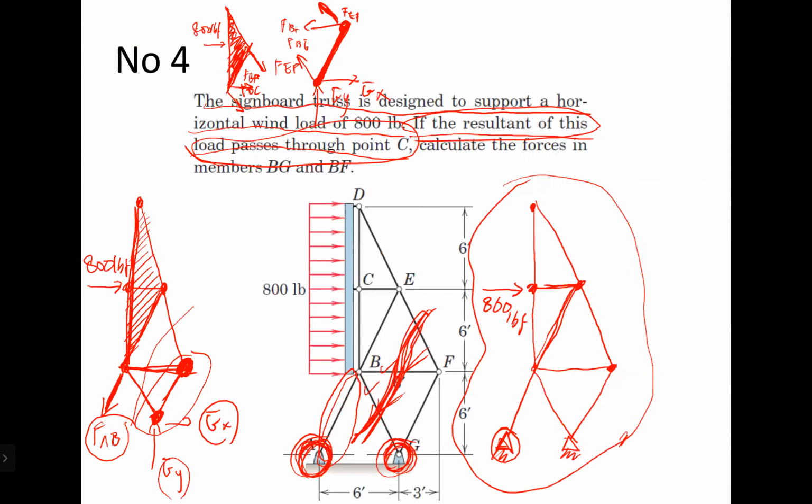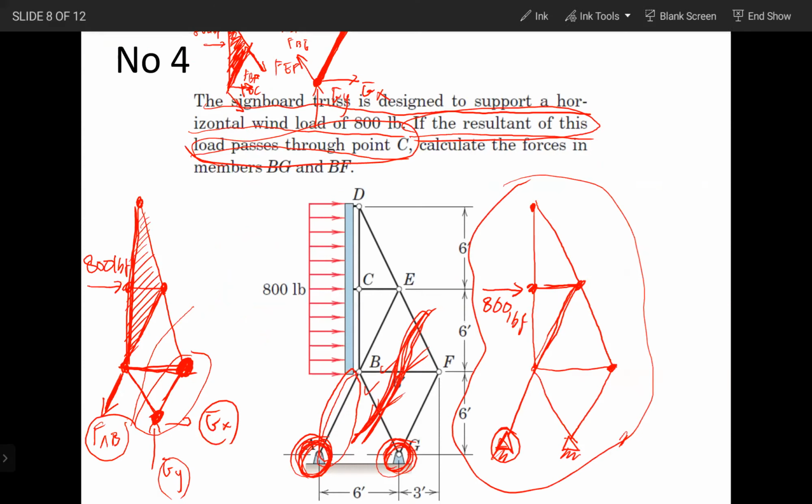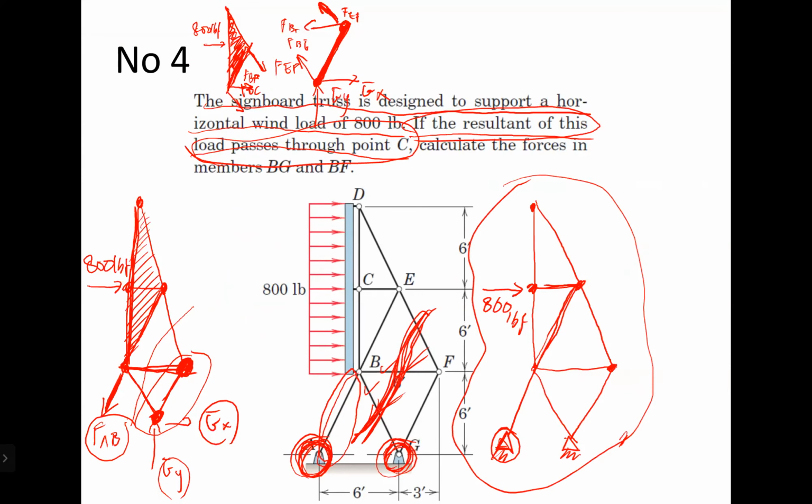Number four is supposed to be okay. Anyone here having a problem with number 4? Supposed to be okay, right? Matthew, do you still have a problem with number 4? No, sir.